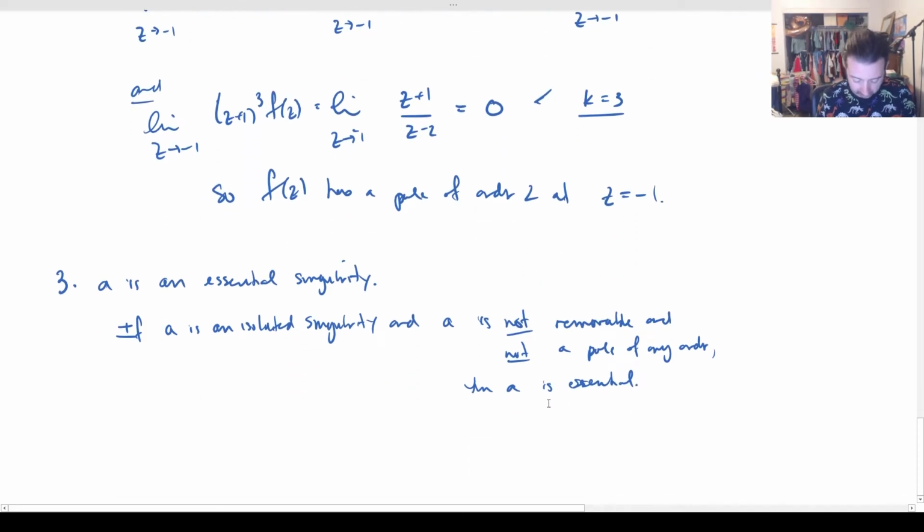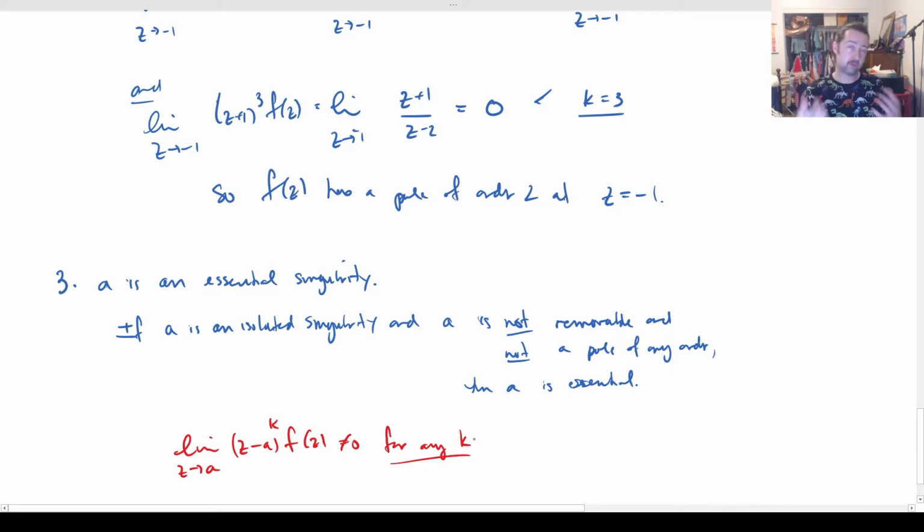Another way to look at that is that's the same thing as saying that the limit as z goes to a of (z minus a) to the k times f of z is not equal to 0 for any k. And that corresponds to the infinite negative powers in the series expansion.